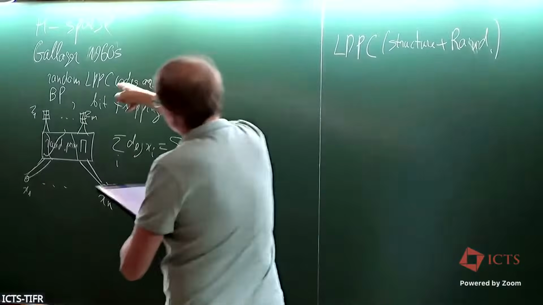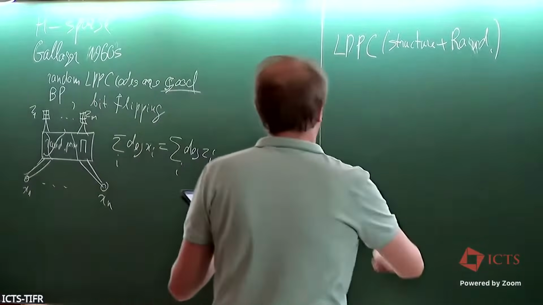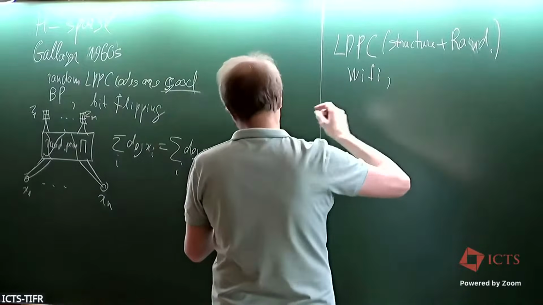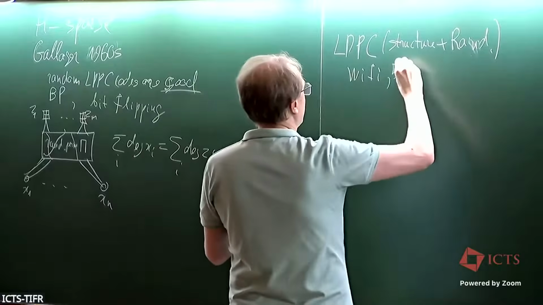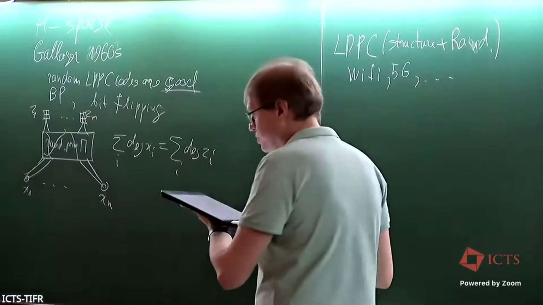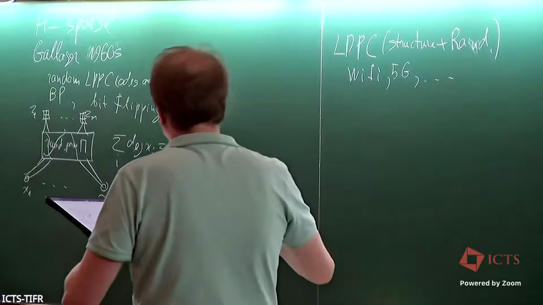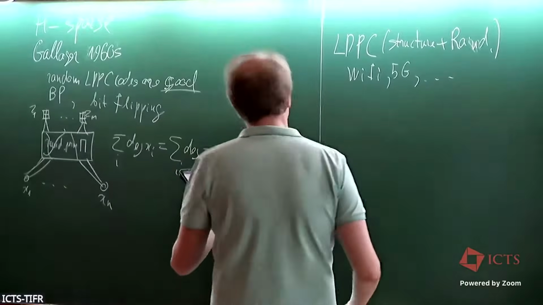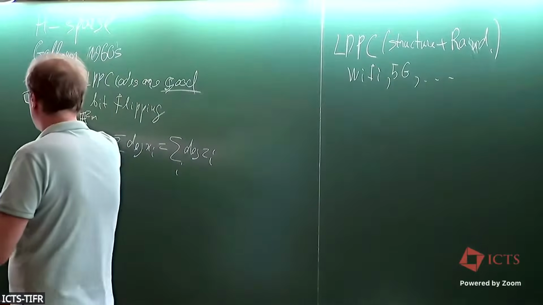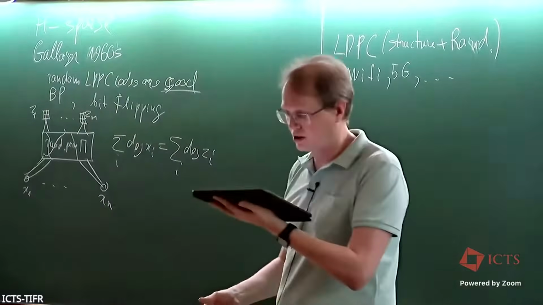So here we have a completely random LDPC code, but if you want to use these codes in practice, for example, in 5G, in Wi-Fi, etc., you need more structure. There are many reasons why you need this, because in hardware it is really hard to implement an arbitrary permutation. So there are a lot of technical problems.